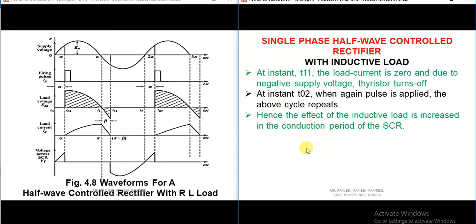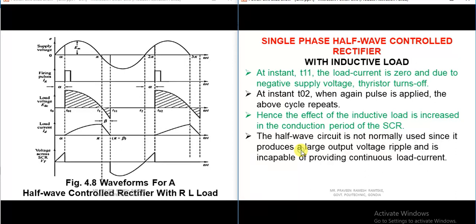Hence, the effect of the inductive load is an increase in the conduction period of the SCR. This is because we cannot instantly reduce the inductive current to 0.